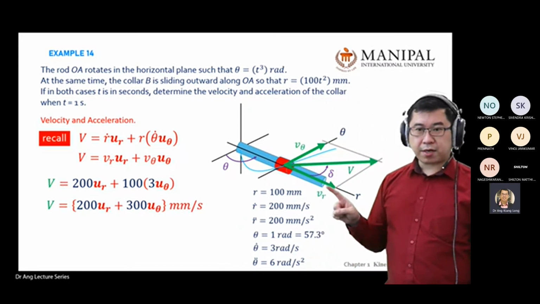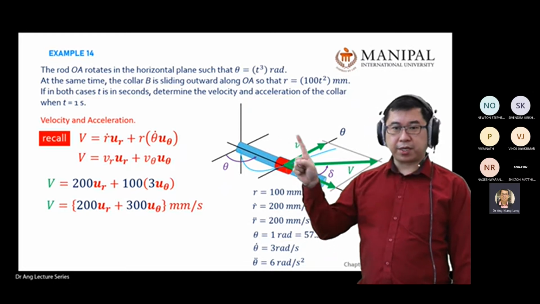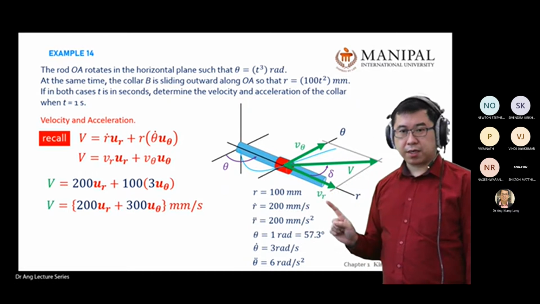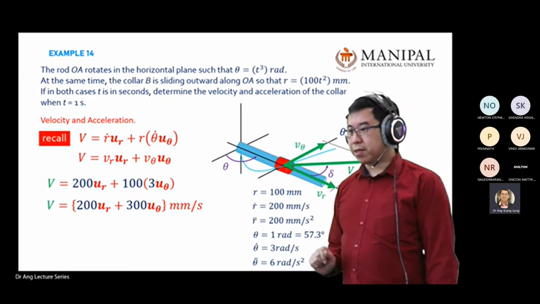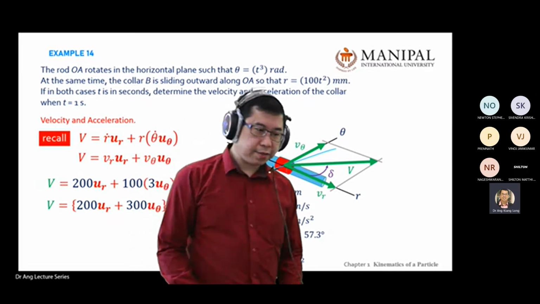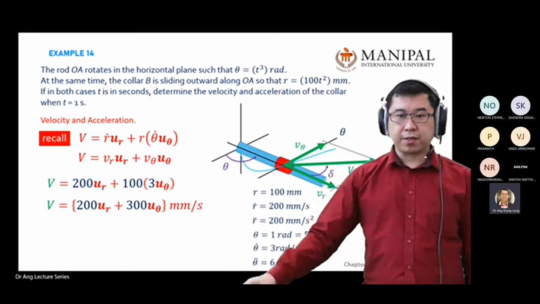You have your r magnitude. You have your theta magnitude. In this case, if you see this one, okay, let me ask a question. Nageswaran, assume you already get the answer for this equation.